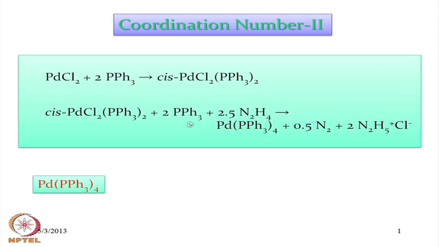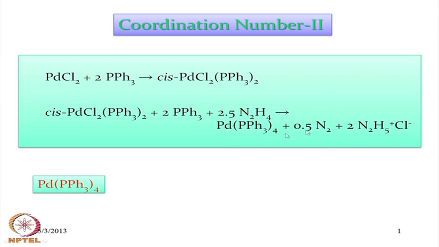Instead, it has some surrounding available triphenyl phosphine groups. So, it will attract more triphenyl phosphine groups towards it, and this Cl minus will be taken away by the same hydrazine molecule, where the hydrogen is now behaving as a base in this particular system.